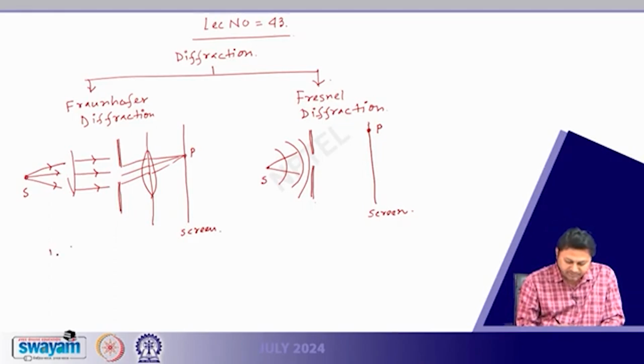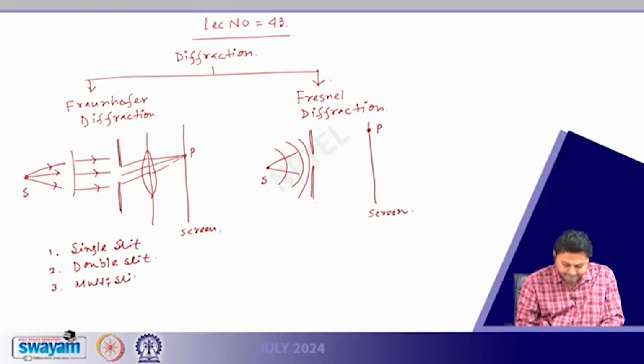For example, we discuss the single slit problem, the double slit problem, we extend this idea to discuss the multi-slit problem, then we also discuss what happens for a circular aperture and a rectangular aperture.